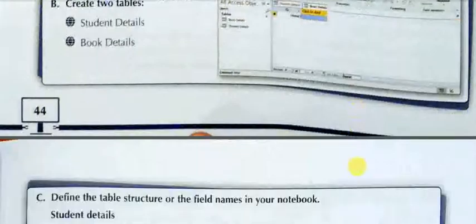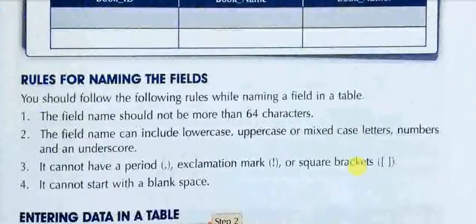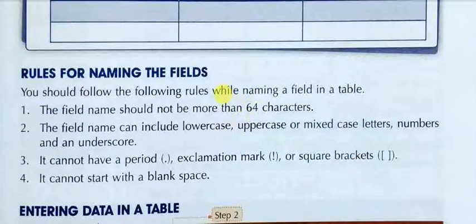The next, rules of naming different fields. So how you have to name different columns. Okay, so different fields. The field name should not be more than 64 characters. The field name can include lowercase, uppercase or mixed case letters, numbers and underscore.